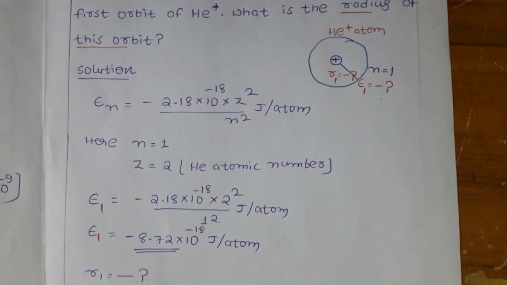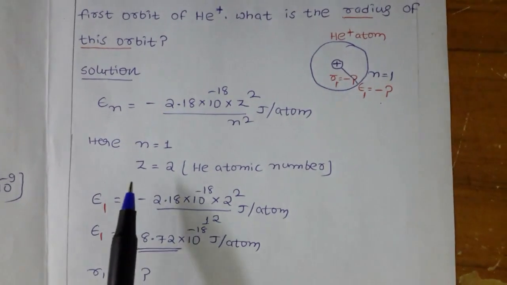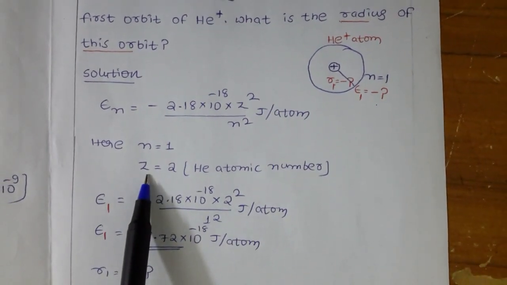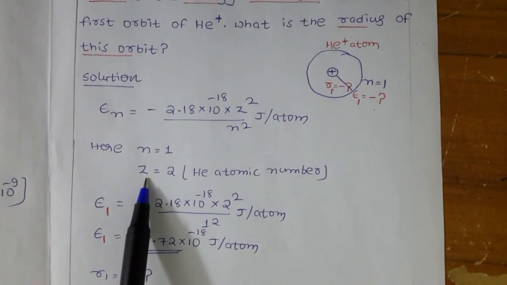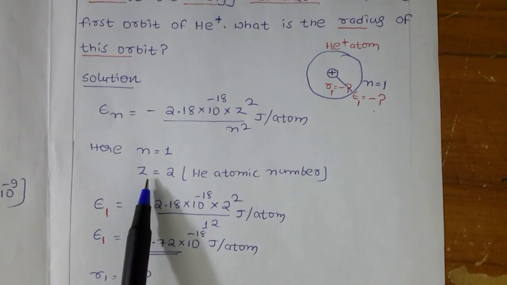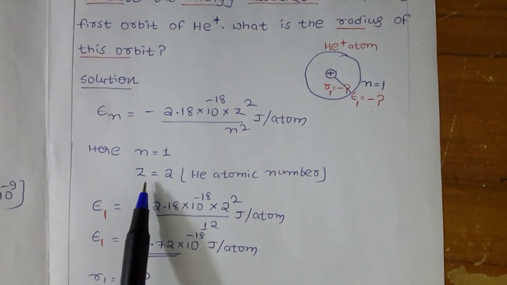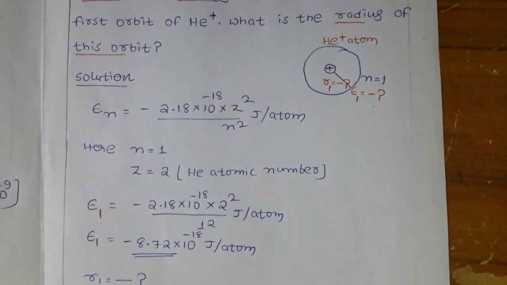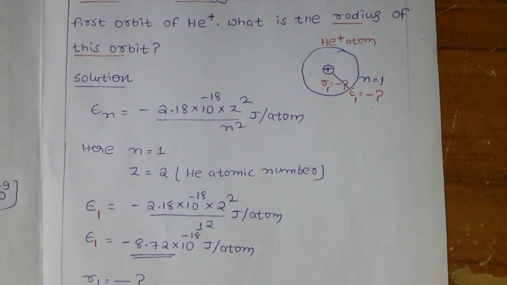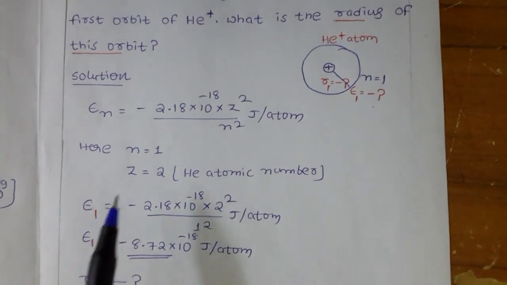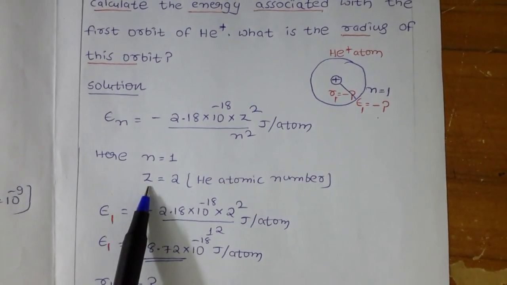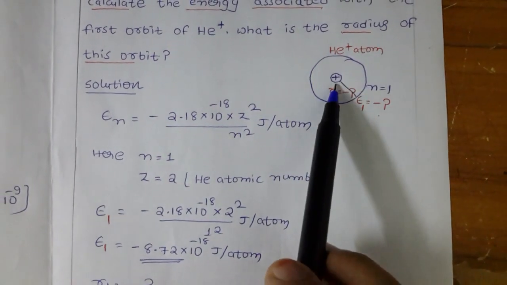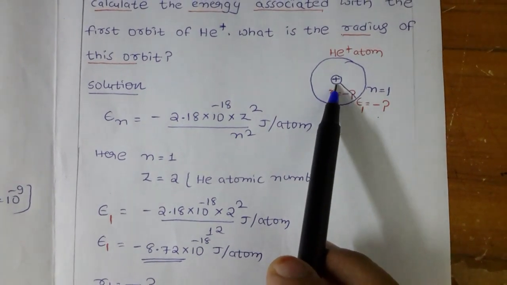And students, remember that the atomic number depends on the number of protons, not the electrons, isn't it? Few of the students will say, ma'am, we lost one electron, so only one electron is left and it comes under hydrogen. But we are giving the atomic number definition: it is the number of protons, meaning in the nucleus we have 2 protons.